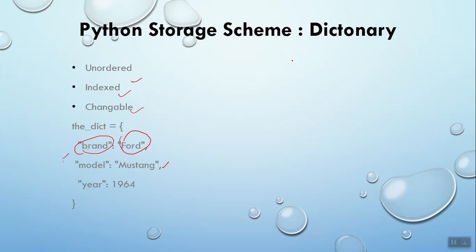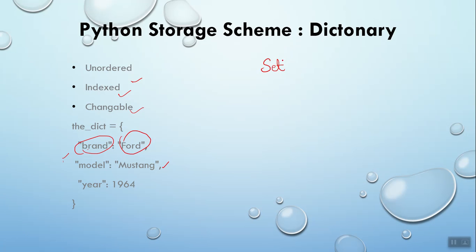And the other one we have is the set, that I didn't put here. Okay, the set. Sets are basically unindexed and unordered.